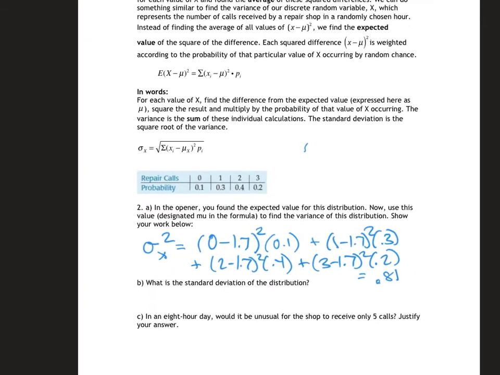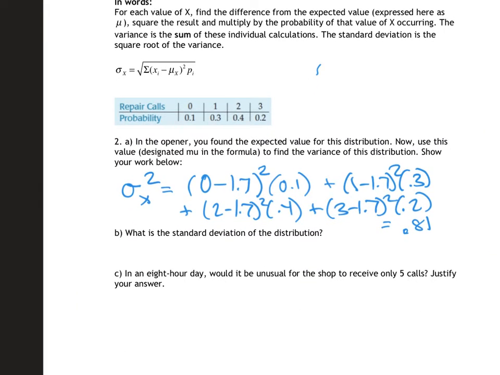To find the standard deviation, we take the square root of that. The square root of 0.81 is 0.9 calls per hour. So on average, the number of calls per hour differs from the mean by 0.9 calls.